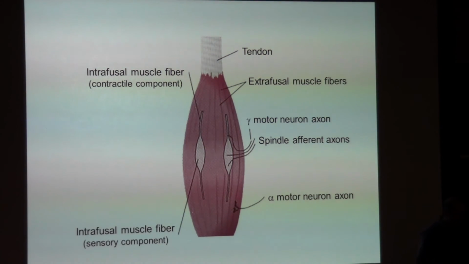There are diseases that affect this. So there's a disease that's called large fiber neuropathy. Large fiber neuropathy causes a death of the sensory afferents. So the neurons that send their axons to these muscle spindles, they die. And so those patients lose the ability to tell where their body is in space.